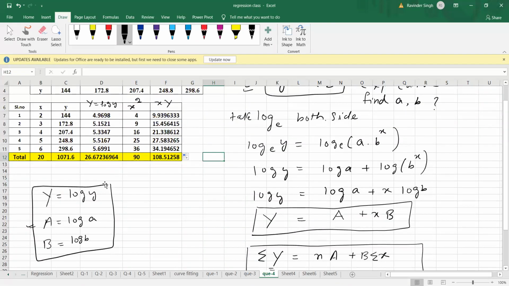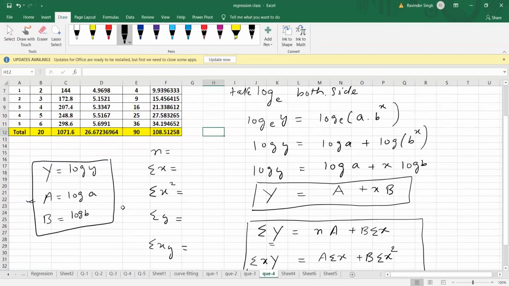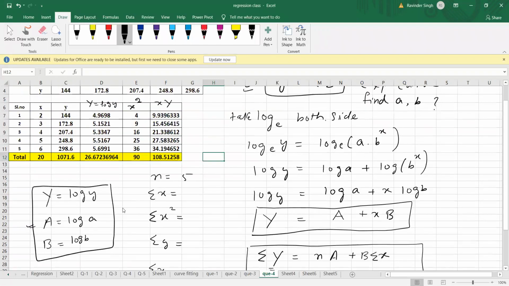So let us solve the normal equation. I will write down the values first. Here we have summation of x square, summation of x, n value, summation of y, and summation of x into y. So n is equal to 5. Summation of x is 20.